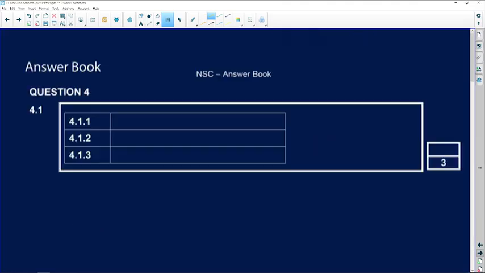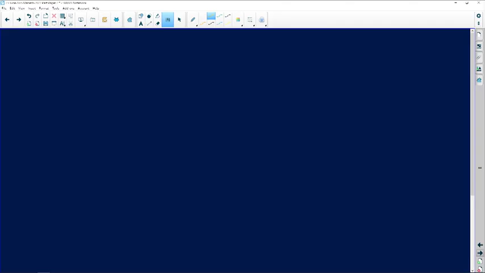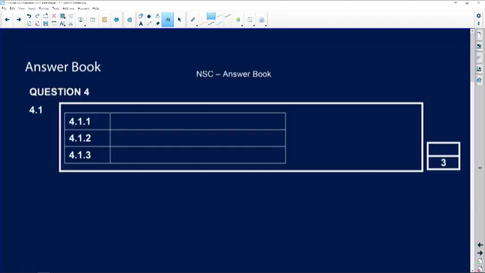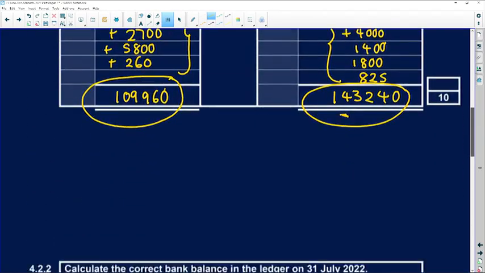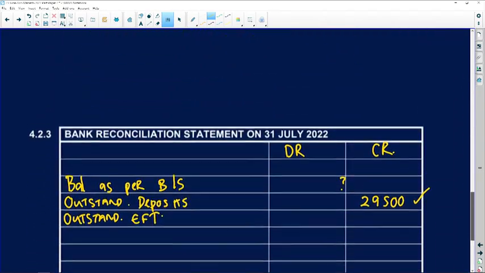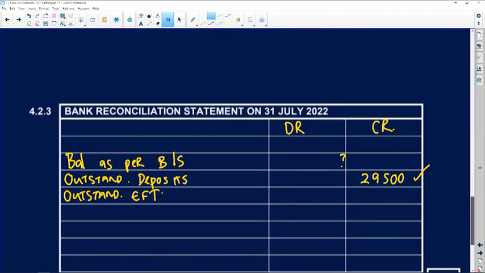Right, so 4,200 is the first one, so let's put that through. Okay, so remember, we've got to record our EFT numbers. So the first one was EFT number 350, and remember these are debits because they are payments.